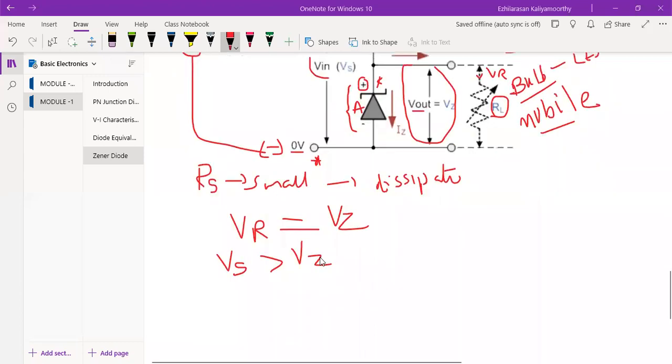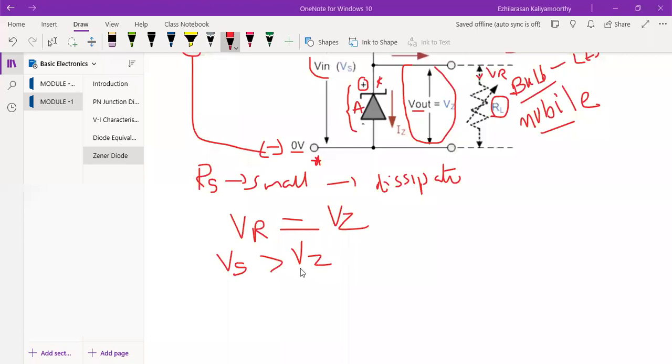So from this, we can summarize that a Zener diode always operates in the reverse bias condition. A voltage regulator circuit can be designed using a Zener diode to maintain a constant DC output voltage across the load in spite of variations in the input voltage or changes in the load current.